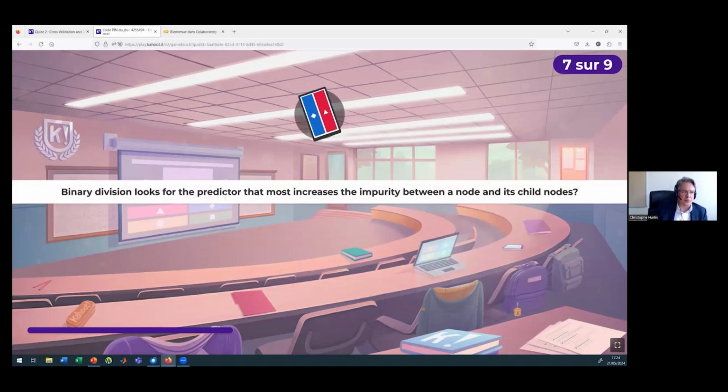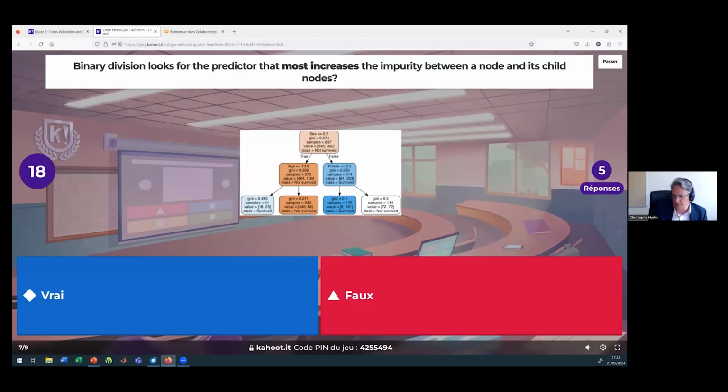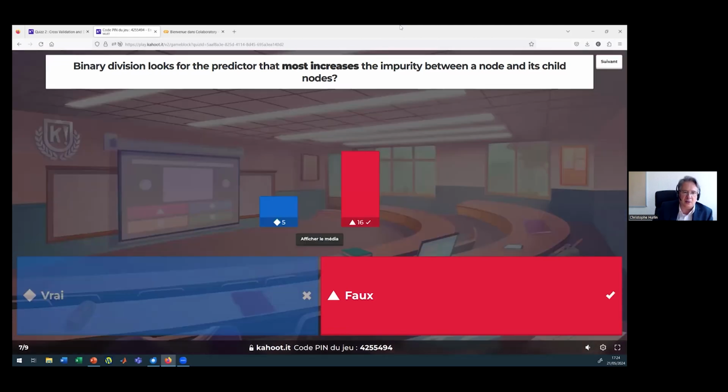Binary division looks for the predictor that most increases the impurity between a node and its child nodes. This is false. Indeed, the idea is to decrease the impurity.